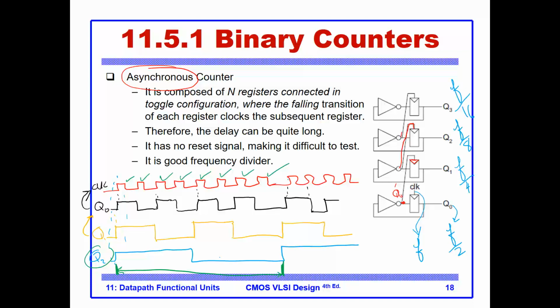This is Q2, which has a frequency divide by 8. So when we say that Q2 frequency is f over 8, it means that the clock period of Q2 spans or includes 8 clock periods of CLK. Okay.